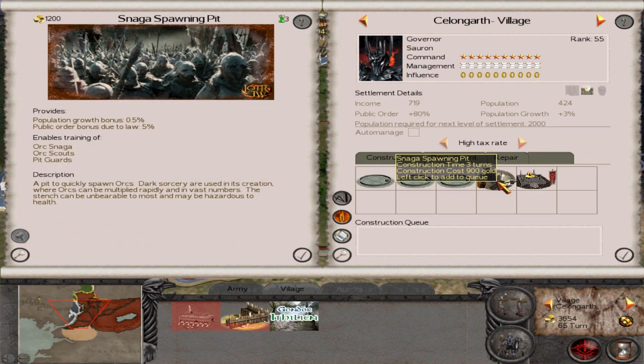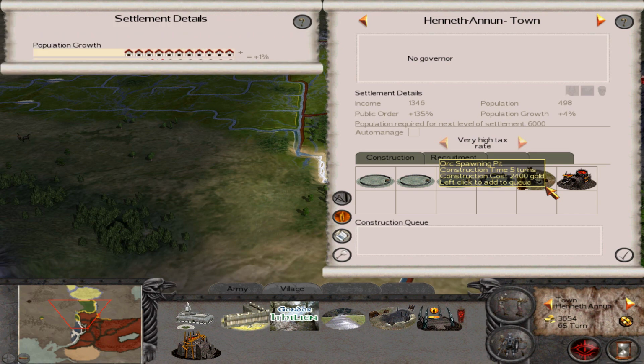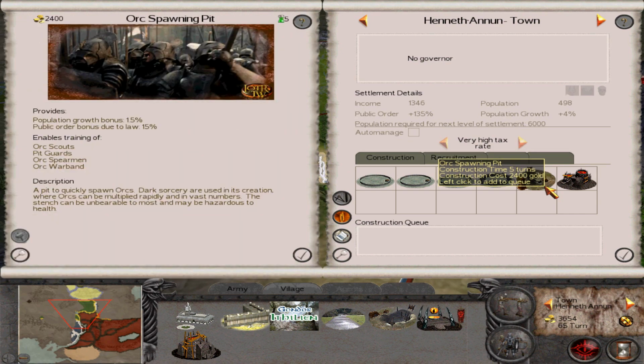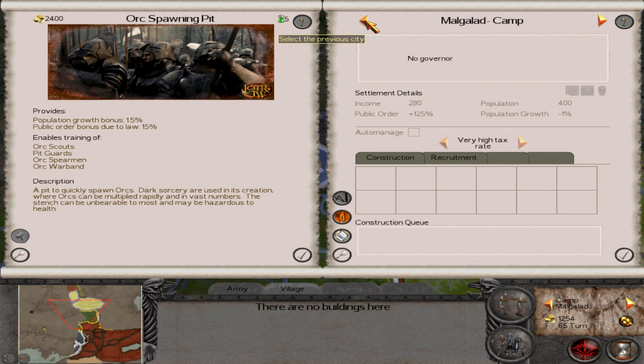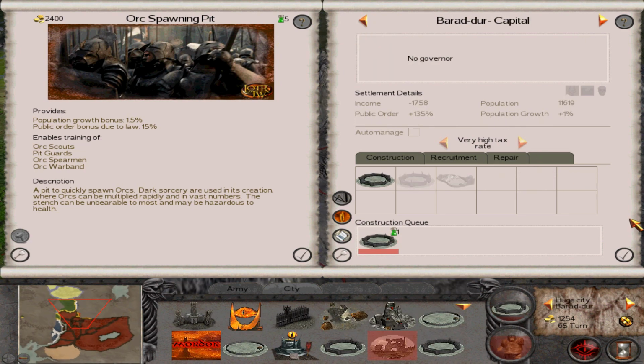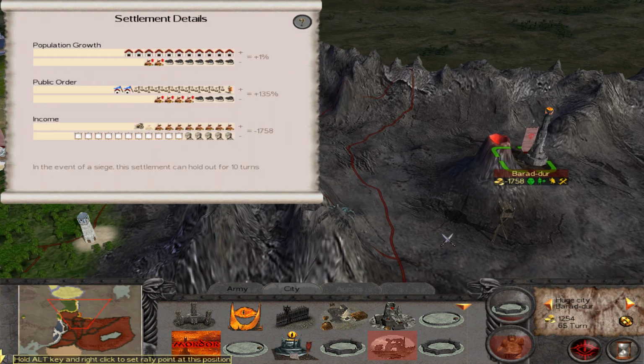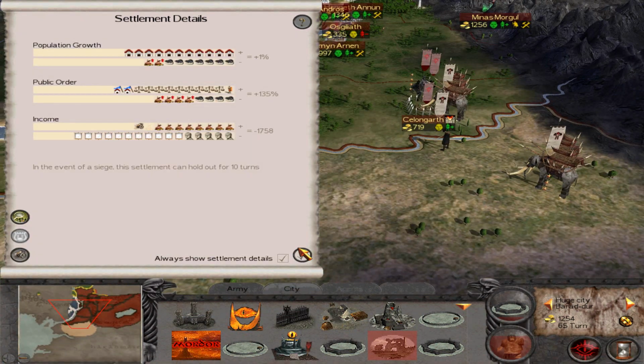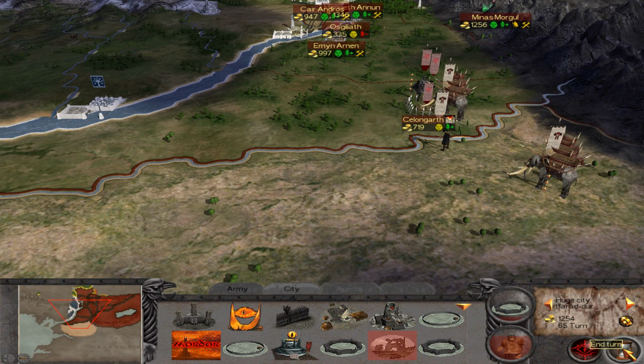Go for a Snaga spawning pit in Selongart. No, it's under siege, so we won't do anything there. Orc spawning pit, we can go for that in Addon. Okay, we're done. We'll end the turn again.